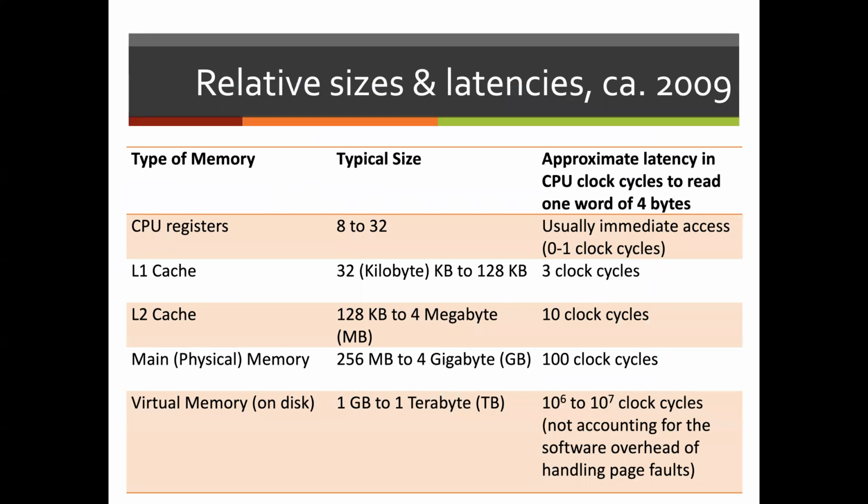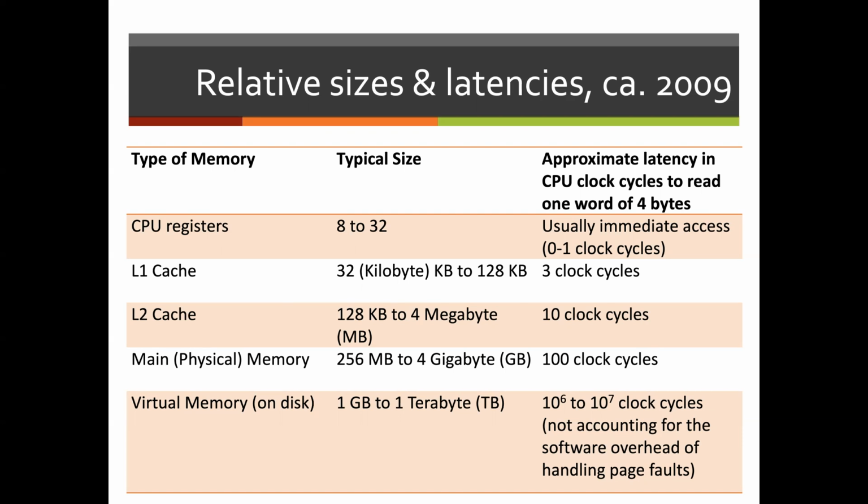And so some relative sizes and latencies you want to keep in mind are that CPU registers are typically 8 to 32. An L1 cache is going to be 32 kilobits to 128 kilobits. L2 cache is going to be 128 kilobits to 4 megabits. And main memory is going to be typically 250 megabytes to 4 gigabytes.